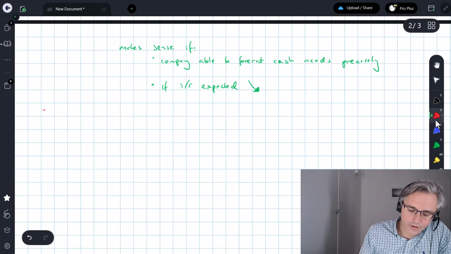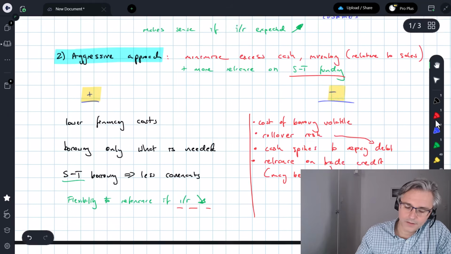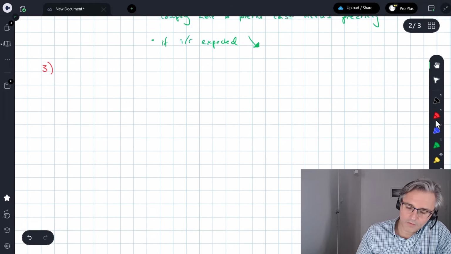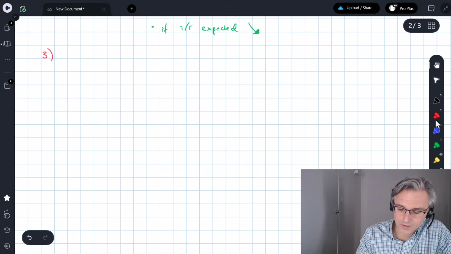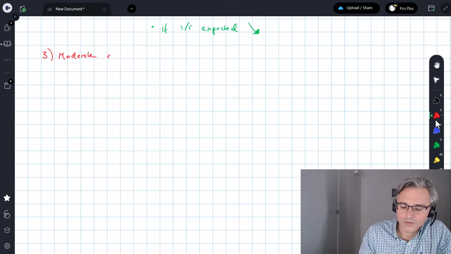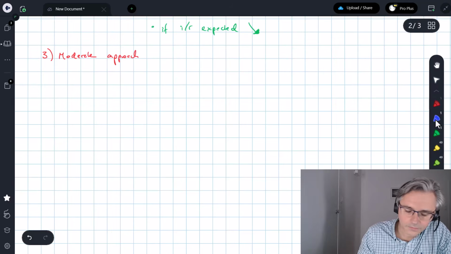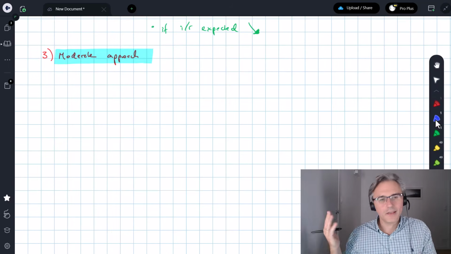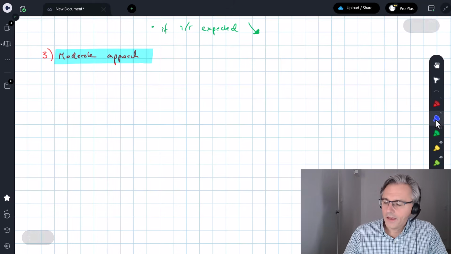Now, the third approach here, so we've had the conservative approach, then we had an aggressive approach, and now we're going to have something which is in between, and that's what the book calls the moderate approach to working capital management. The third one, which is of course some kind of balance between aggressive and conservative.